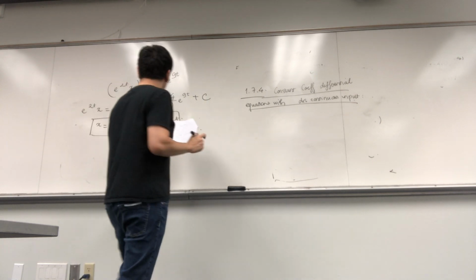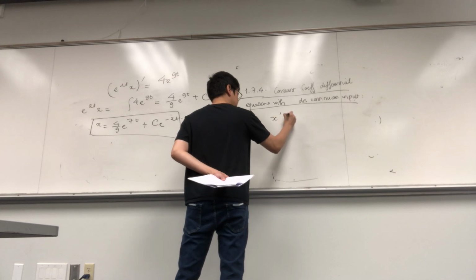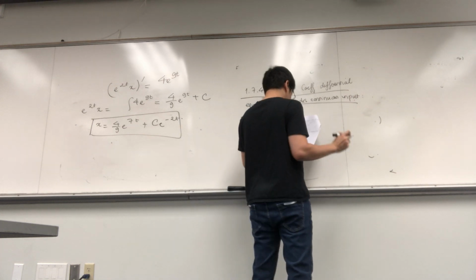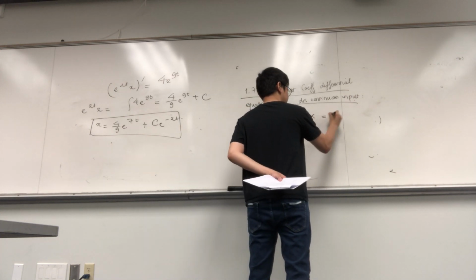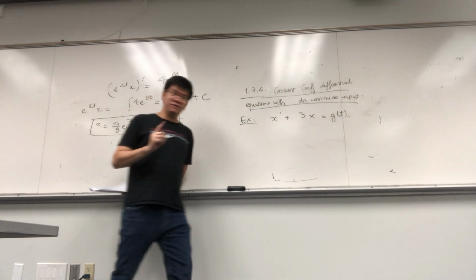Example, I'm going to have x prime plus 3x is equal to g(t). And then here I'm going to have an initial condition.